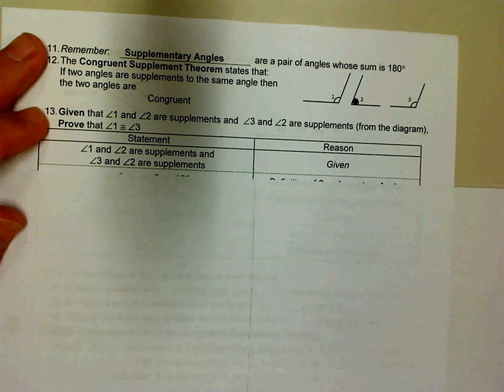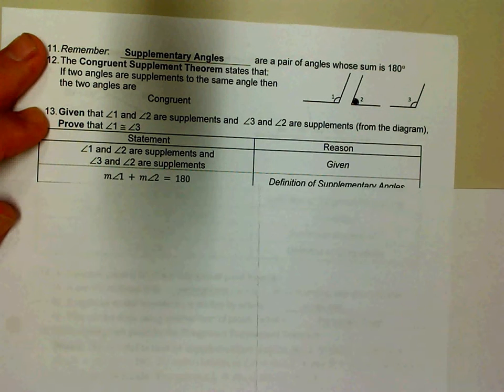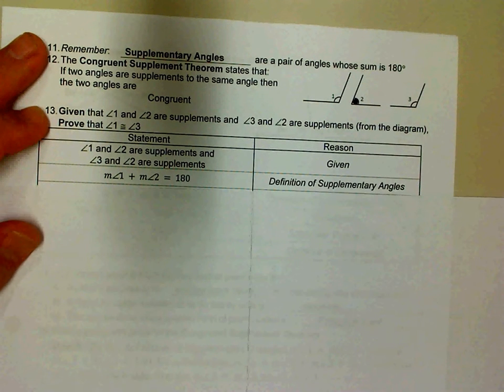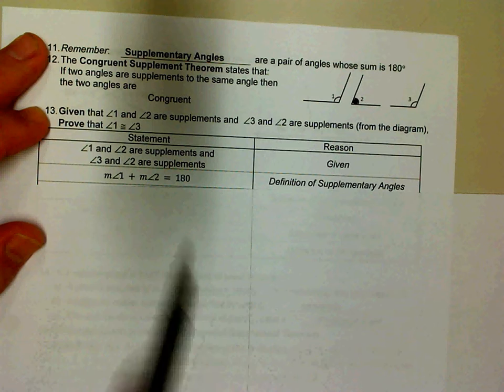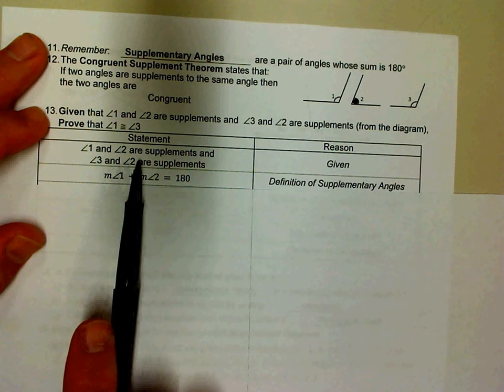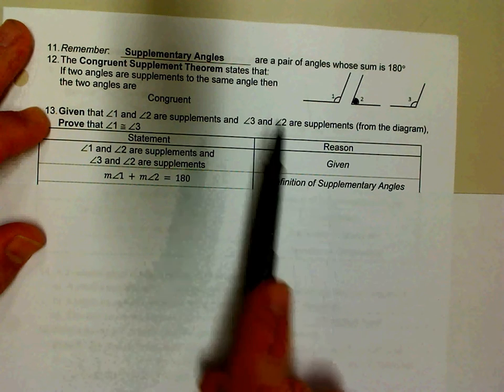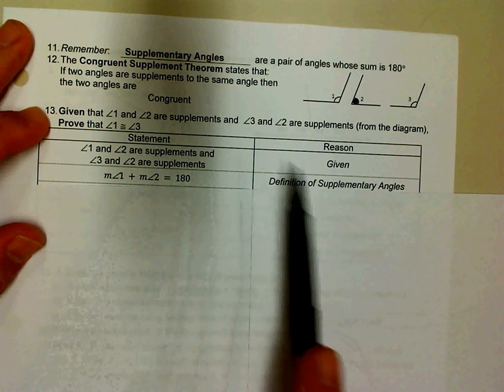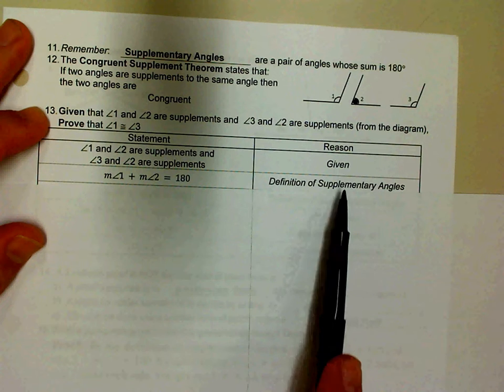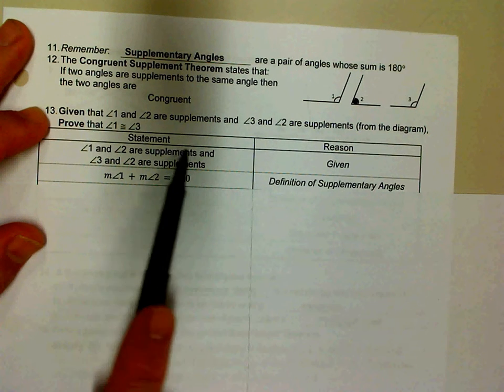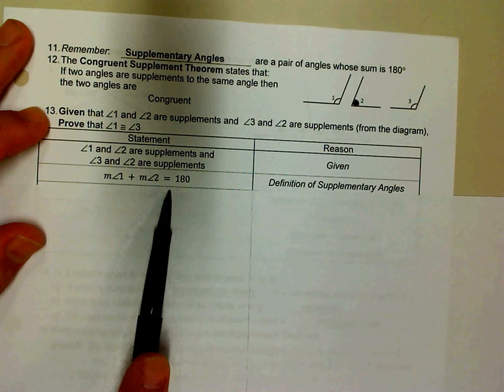Now what are we going to do with that? Well, look at what happened here. We have been given just a statement. 1 and 2 are supplements. But we know the definition of supplement, up here, which we reviewed, says that supplementary angles sum is 180. So we've taken this term and used its definition to write an equation.